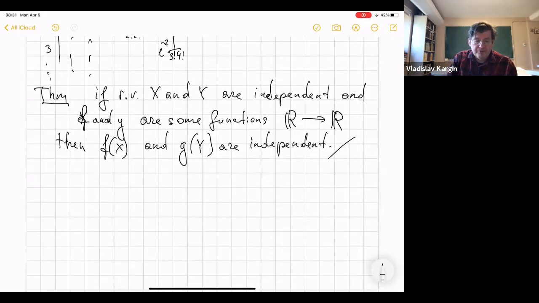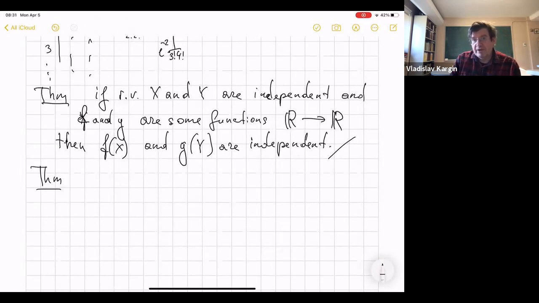Now, another theorem which is important, maybe I'll give a proof of this one. It says that the expectation of a product of two random variables is equal to the product of the expectations, but only if they are independent.